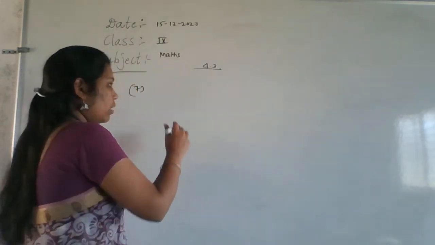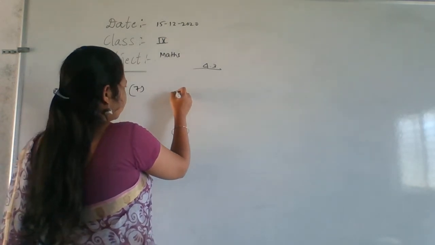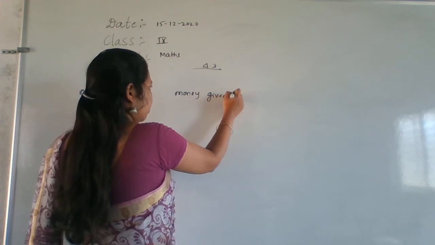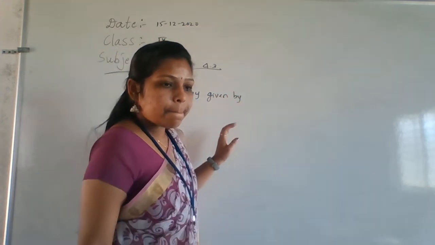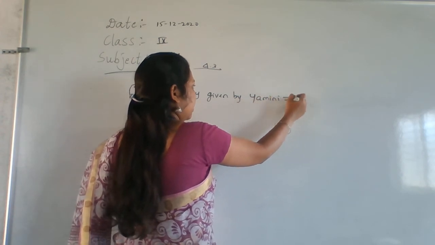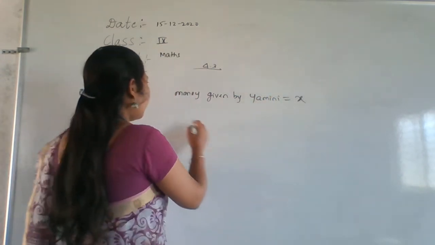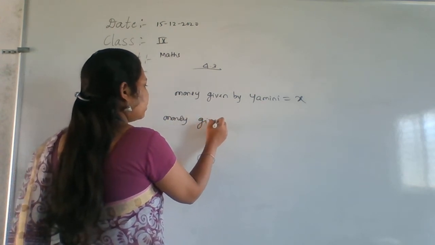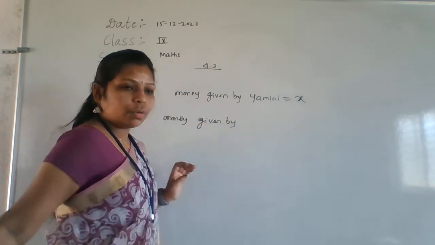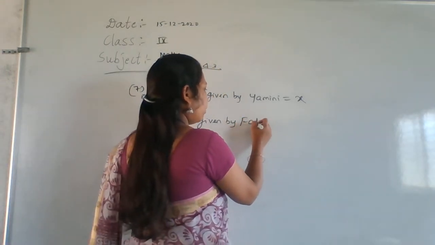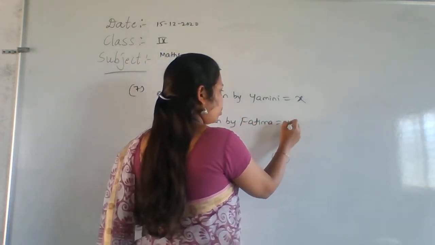See here, the money given by Yamini we are taking as x. And the money given by the other one, Fatima, that is equal to y.